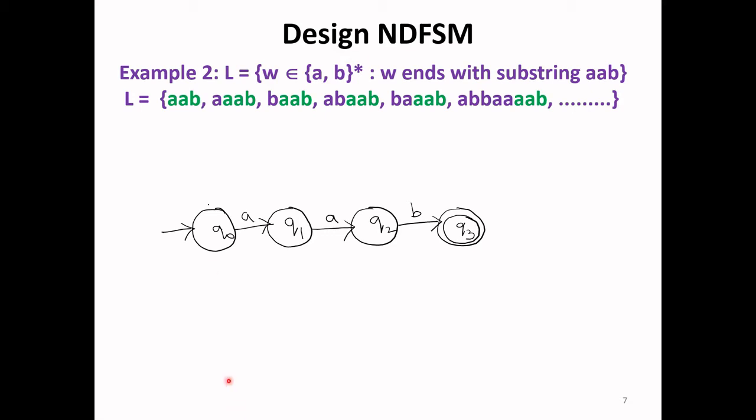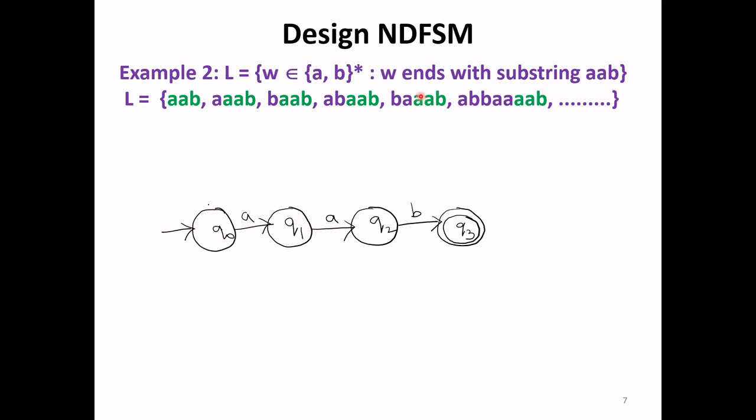Next, I have satisfied the language, that is AAB reaches the final state. Hence, this string AAB is accepted by this particular non-deterministic finite state machine.